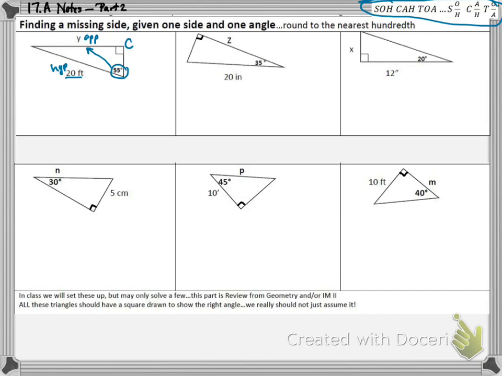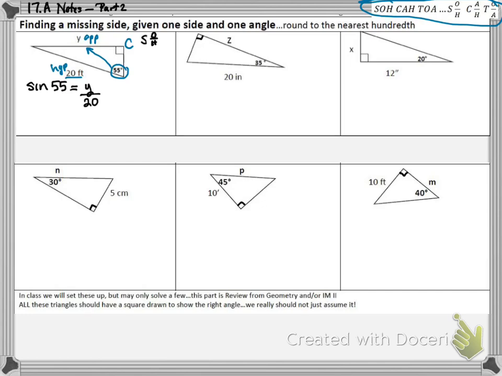The thing that uses opposite and hypotenuse is sine. Sine is opposite over hypotenuse. So this is the sine of the only angle I know equals the side opposite from that, which is my y, over my hypotenuse, which is 20. That's the basic setup.